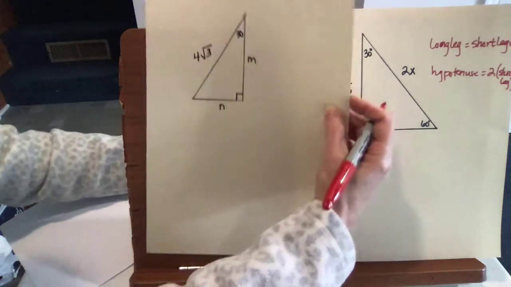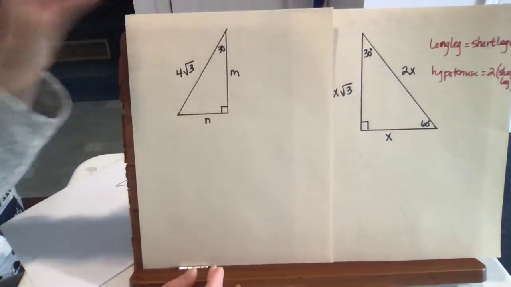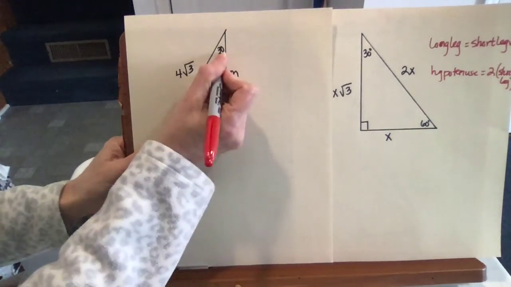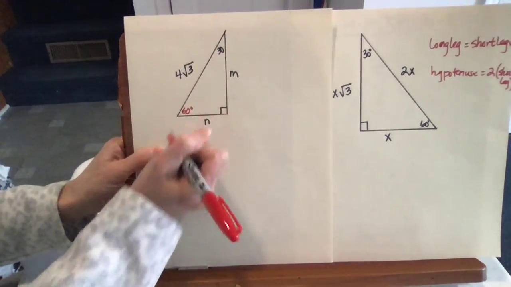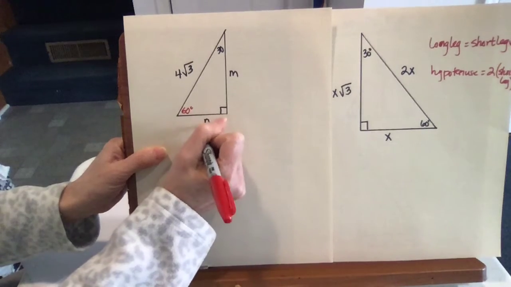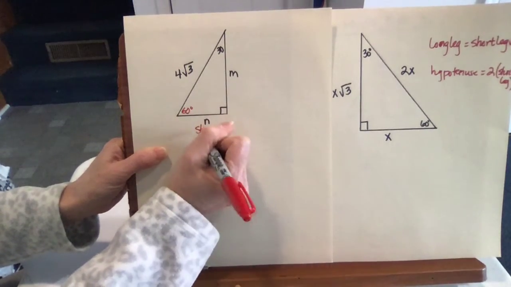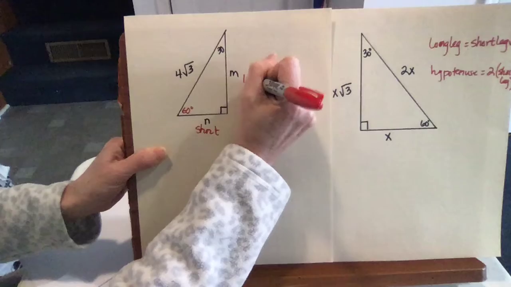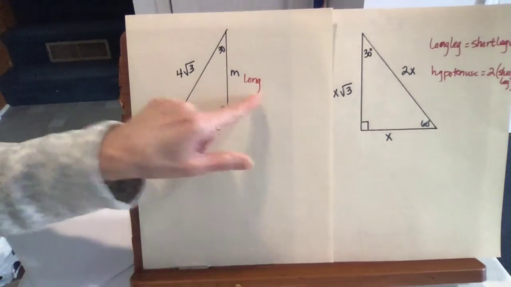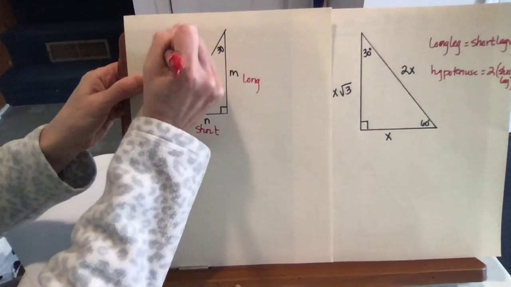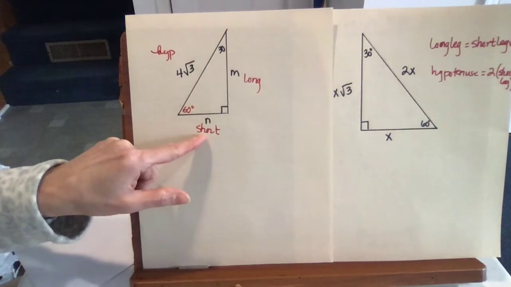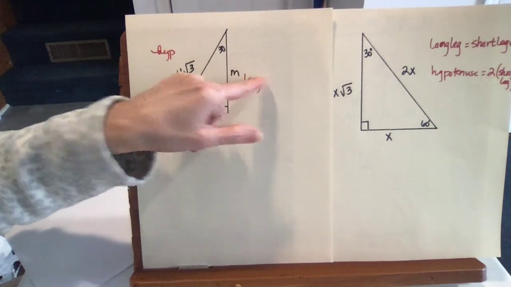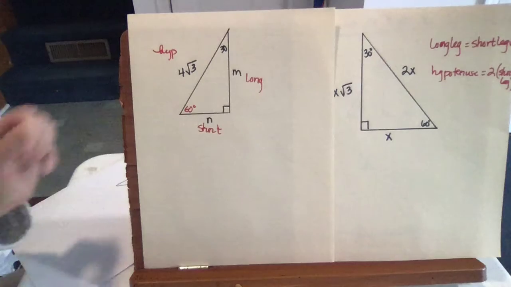Not everything's going to come out peachy keen for you the way you want it. This is our 30-degree angle, so this has to be our 60. Our short leg is n, so I'm going to write short here because it's not as straightforward this time for our calculations. That's our long leg, and this is our hypotenuse. We need to get our short leg in order to calculate our long leg, but we need to get our short leg from the hypotenuse.